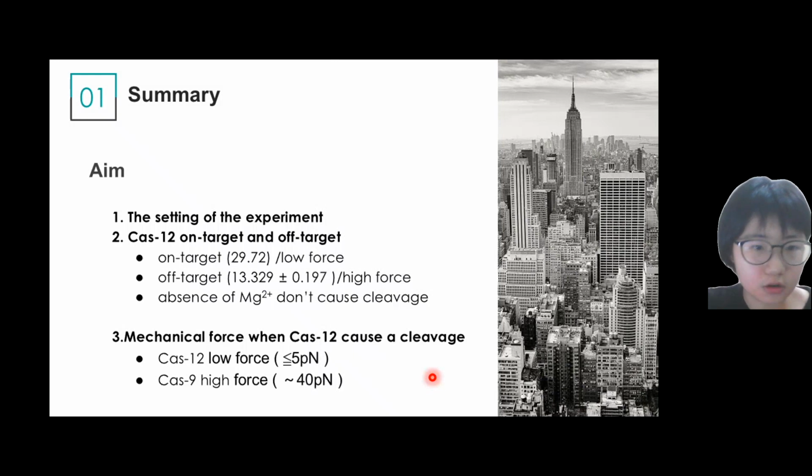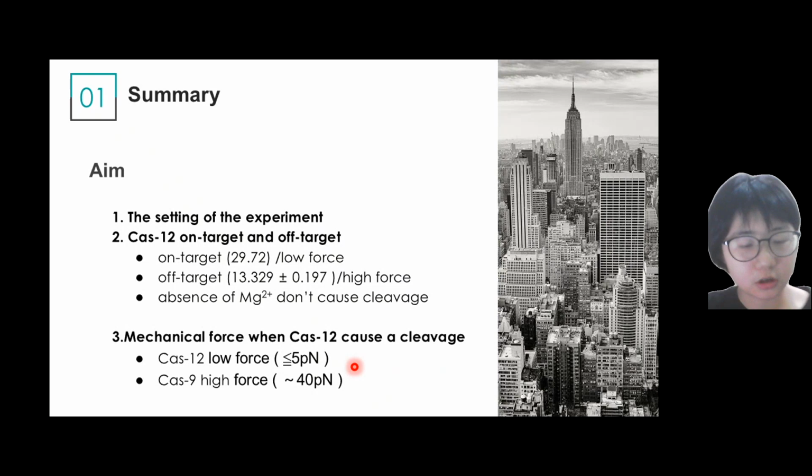So for the third summary, they observe that the Cas protein causes DSB events at low force, lower than 5 piconewton. In previous research, Cas9 protein was at about 40 piconewton, much bigger than the Cas12 protein.